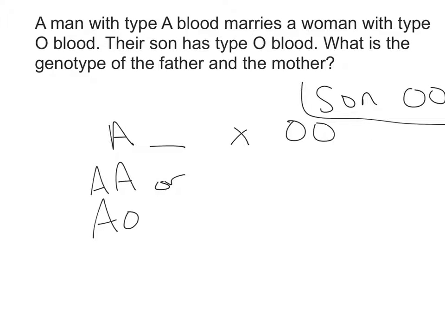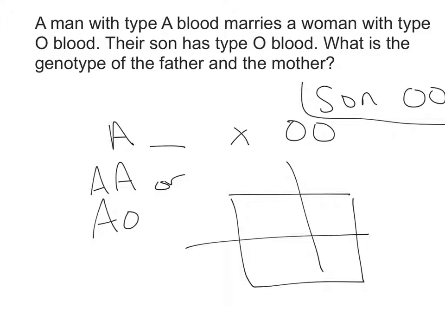Now, the easiest way to figure this problem out is to plug what we know into a Punnett square. We know that the female is OO, and we know that dad has at least one A allele. We don't know his second allele yet.